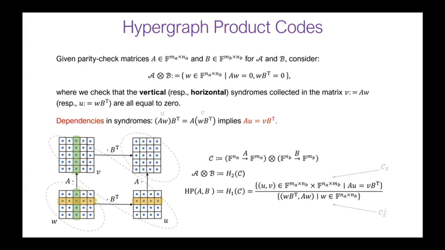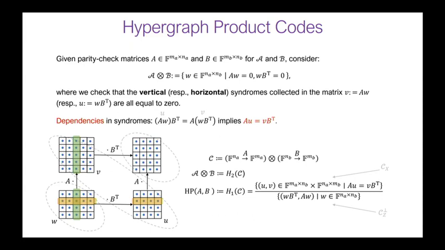And so we can see the chain complex, and one can easily show that this is exactly the tensor product of these very small chain complexes. And you can see that this classical tensor product code corresponds to the second homology of this complex. And the hypergraph product code corresponds to the first homology.